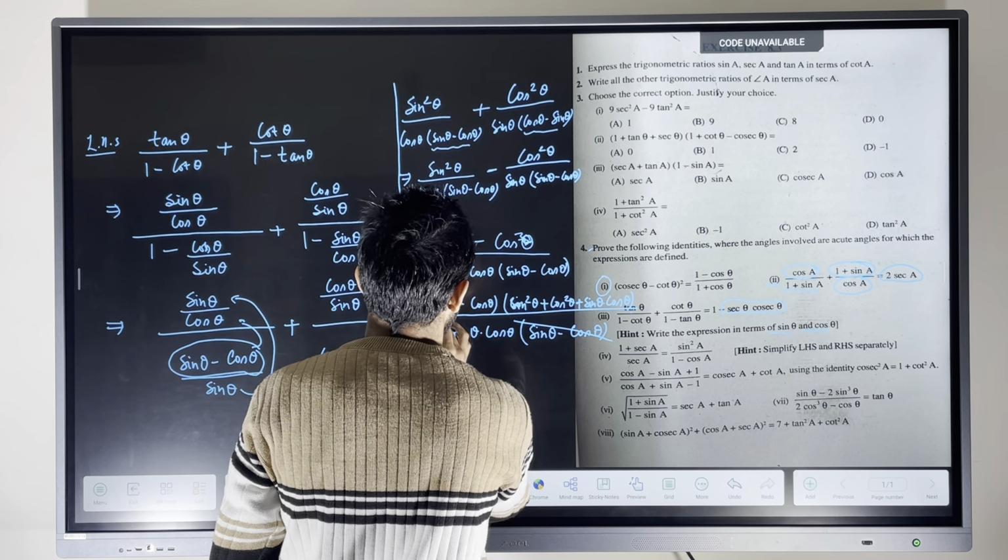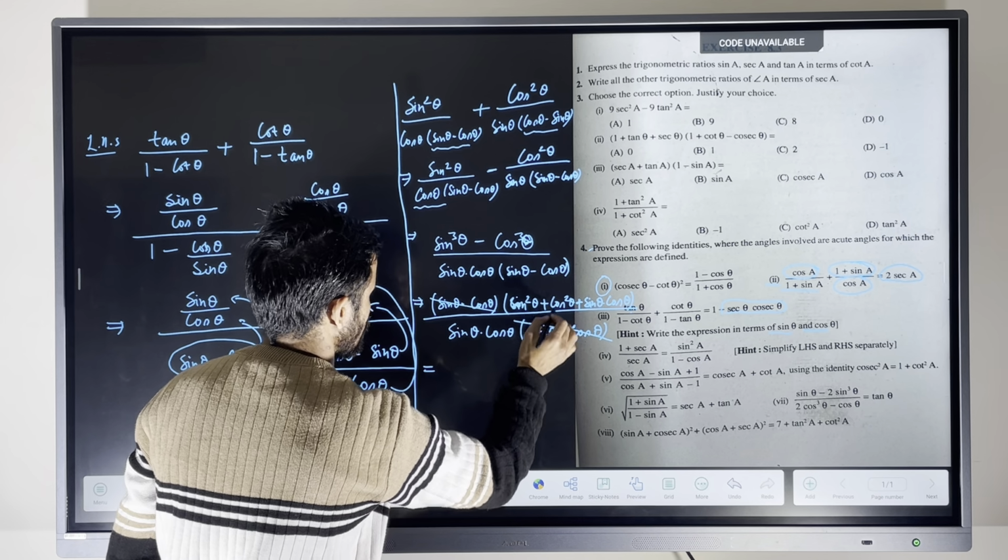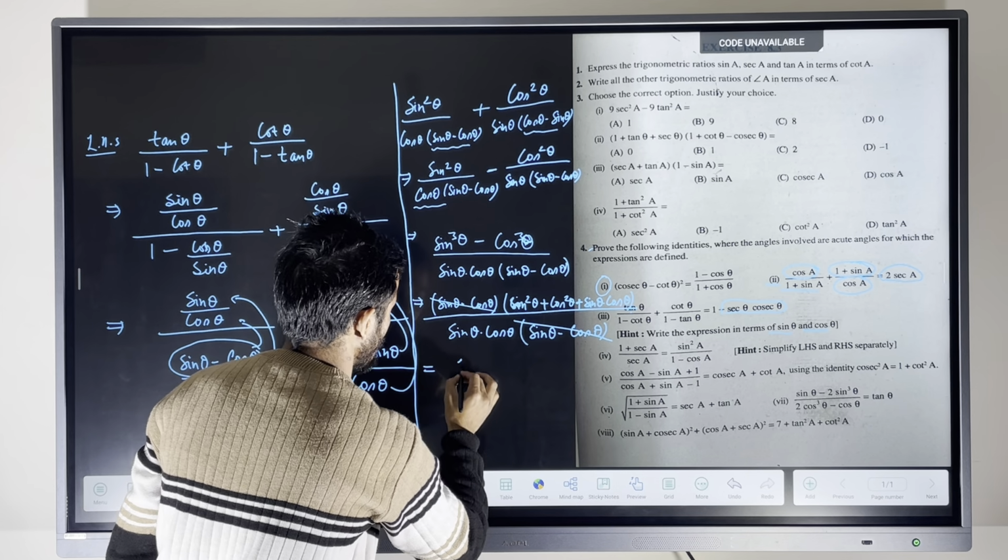So that part will cancel out this part. Here we are left with sin square theta plus cos square theta, which will be 1, plus sin theta into cos theta, whole upon sin theta into cos theta.